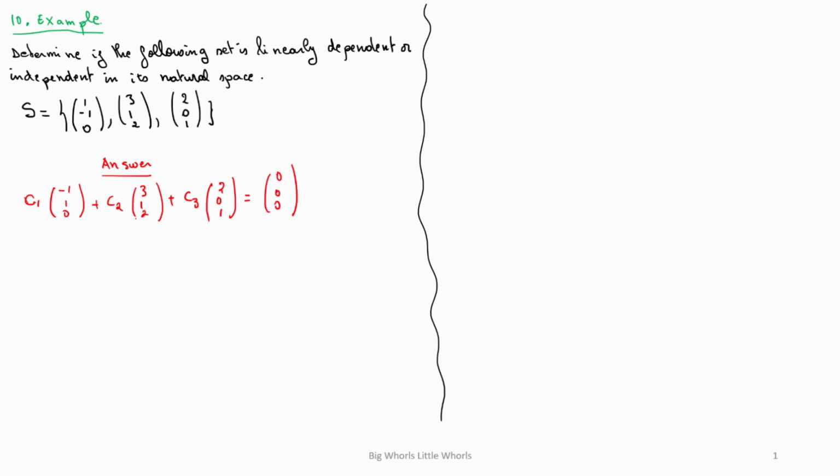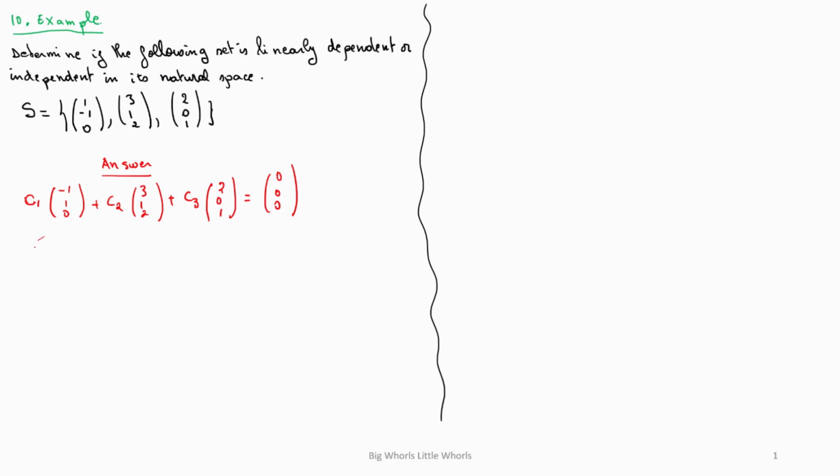If C1 = C2 = C3 = 0, then we say that the set S is linearly independent. Otherwise, it's linearly dependent. So this is what the linear independence lemma we saw in the previous video tells us.